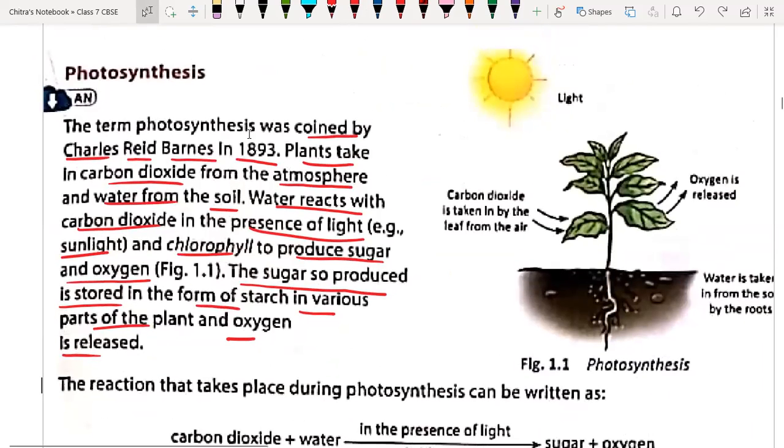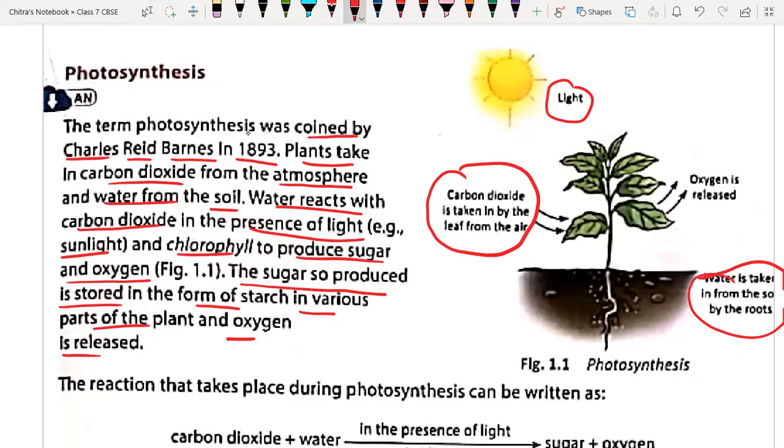See here, the light energy coming from the sun contains radiant energy. Plants absorb carbon dioxide from the surroundings and water from the soil, and they convert that carbon dioxide and water into food called starch, the sugar, and oxygen is released into the surroundings.